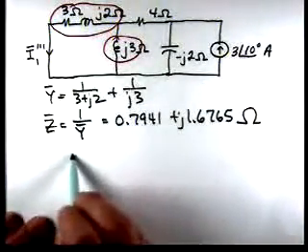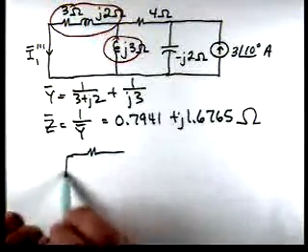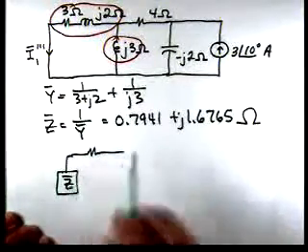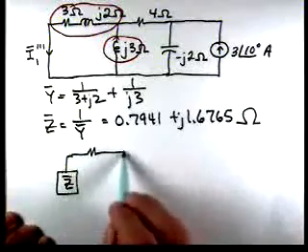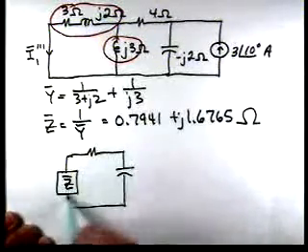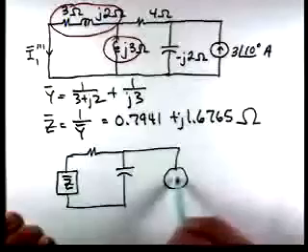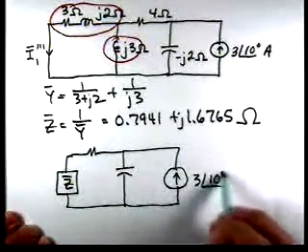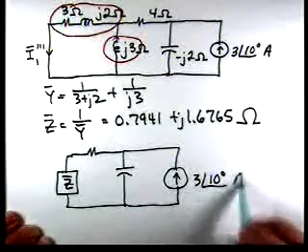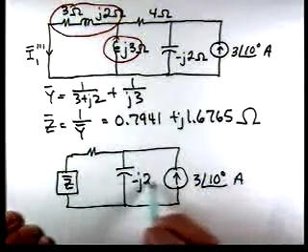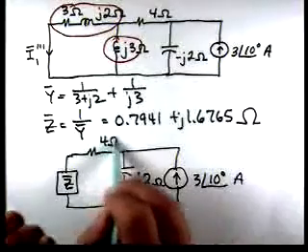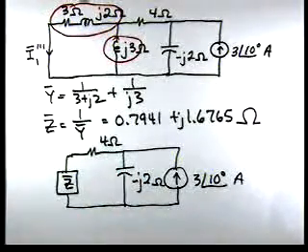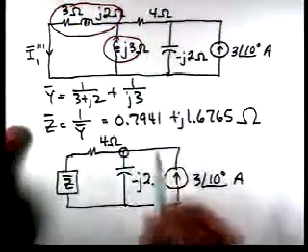Now let's redraw our circuit. If we look at our circuit, now we have a current divider. Current enters here, and it basically splits.